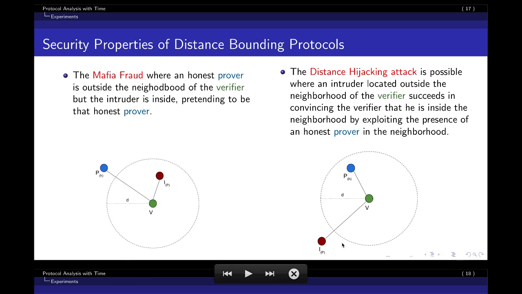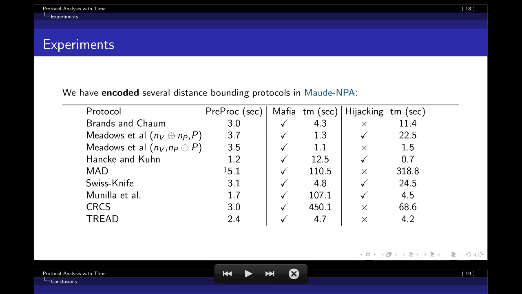Using the graph, the meaning of the attack is that a dishonest prover, the intruder in this case, located far away, succeeds in convincing a verifier that they are actually close, and he may only exploit the presence of the honest prover participant that is inside the perimeter area to achieve his goal.